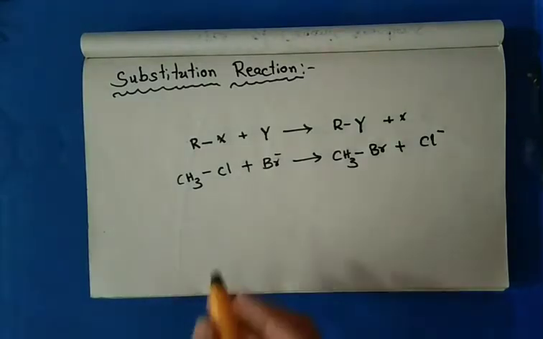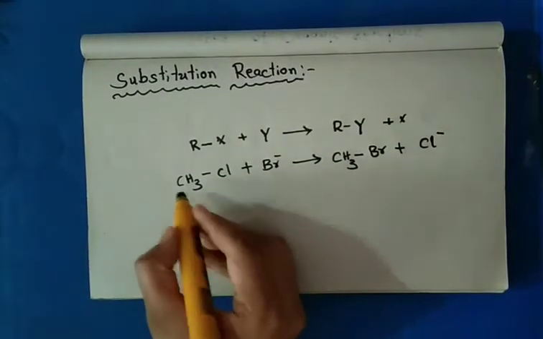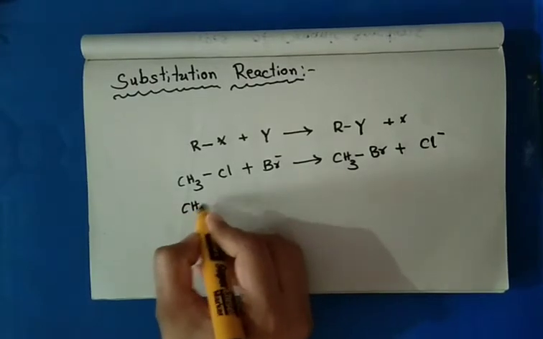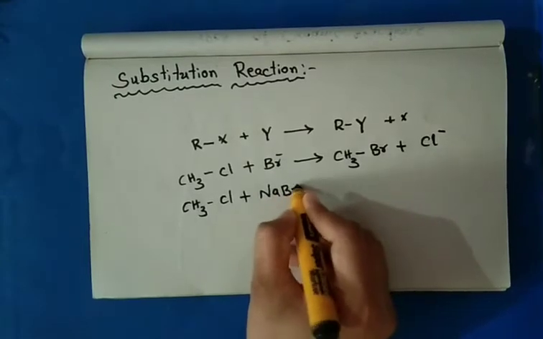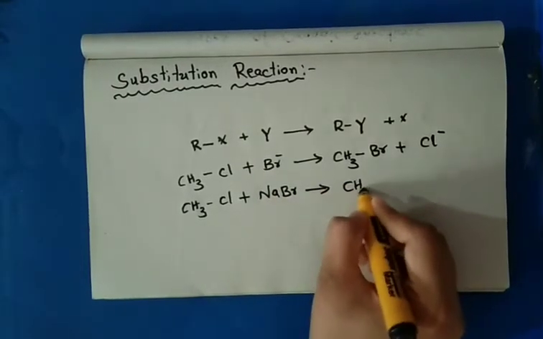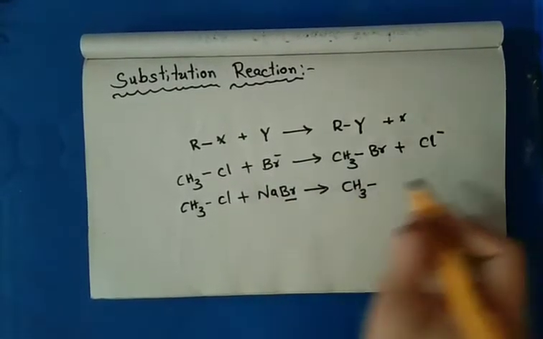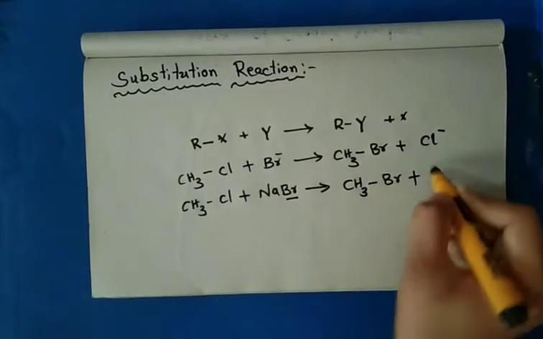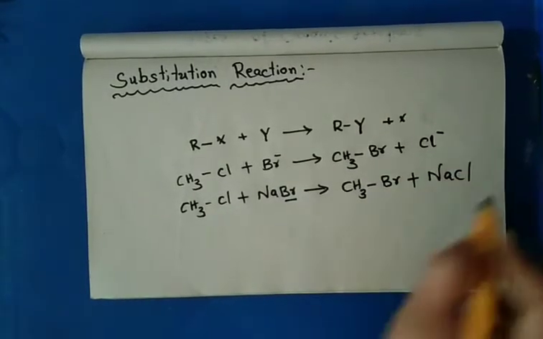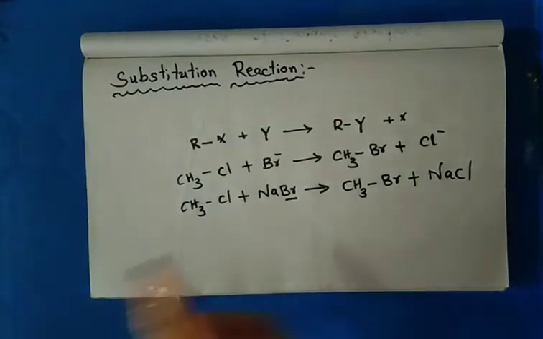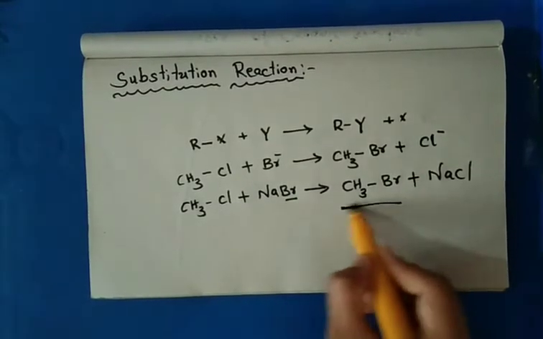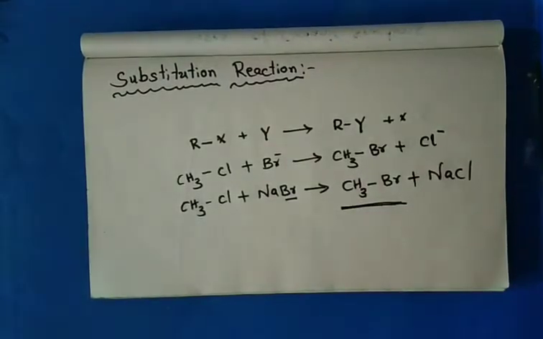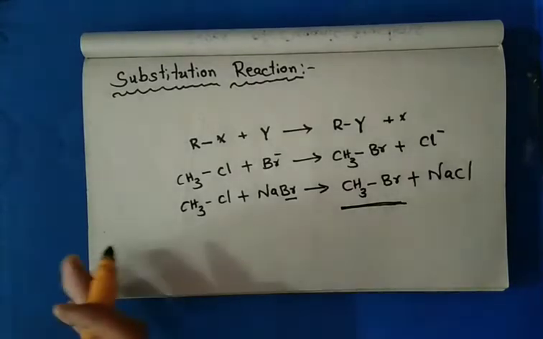Take another example: CH3Cl plus NaBr gives CH3Br plus NaCl. In this, Cl is replaced by Br, so replacement occurs in this reaction.